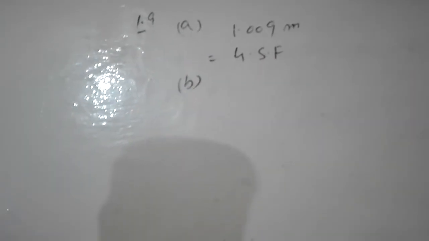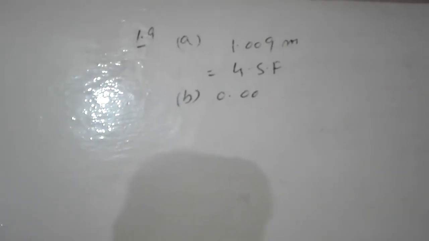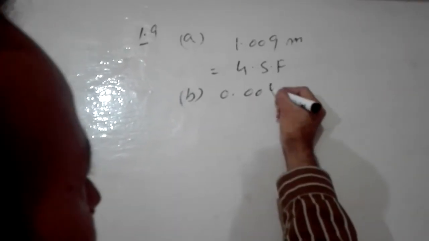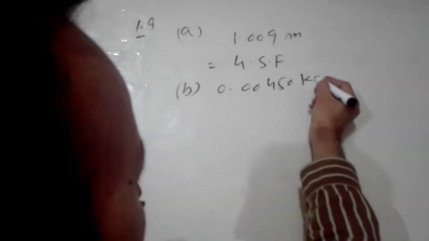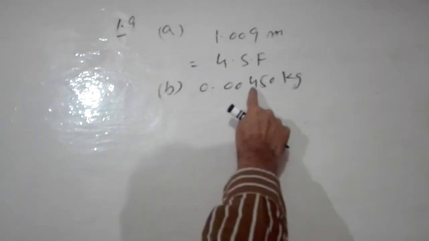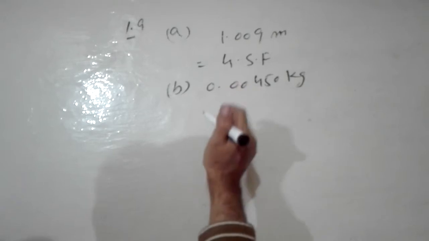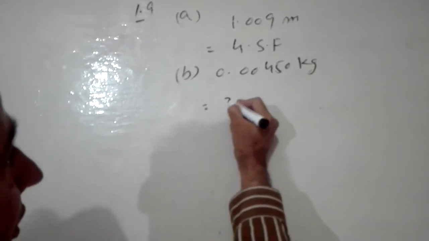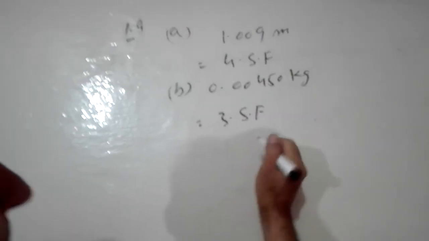And now B part: 0.00450 kg. I think you know, in the previous question I have told you, after non-zero digit, these zeros become meaningless. Then how many significant figures? 3 significant figures. 1, 2 and 3.